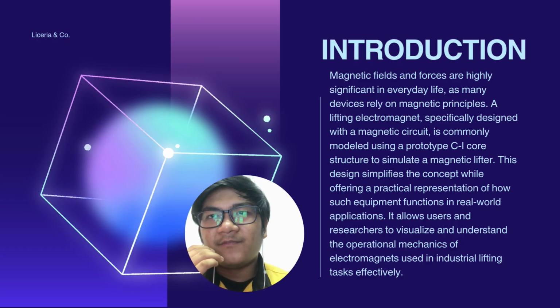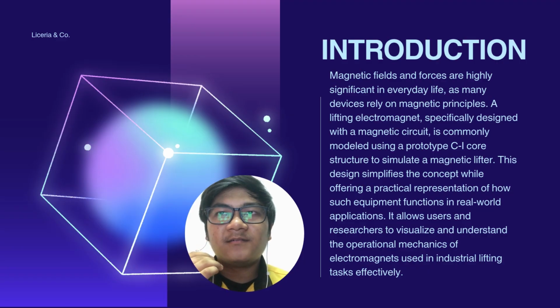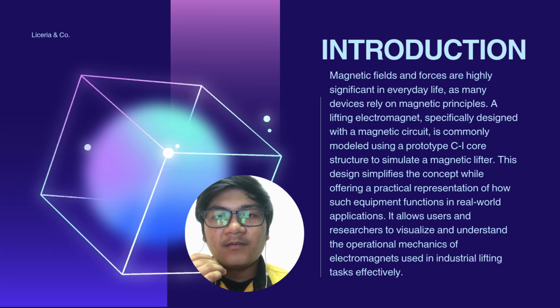This design simplifies the concept while offering a practical representation of how such equipment or components function in real world applications. It allows users and researchers to visualize and understand the operational mechanics of electromagnets used in industrial lifting tasks effectively.